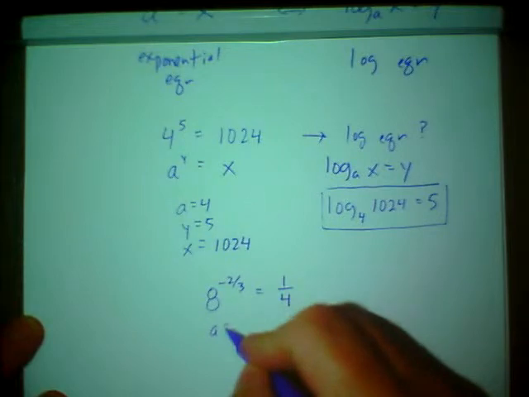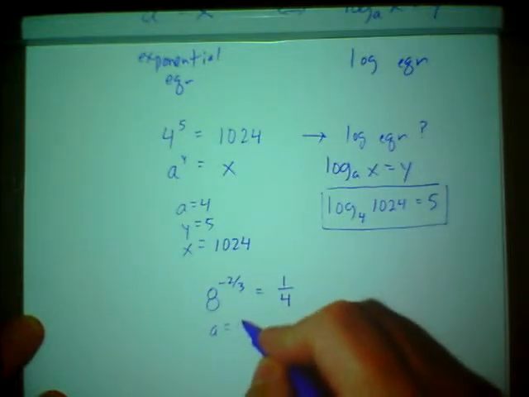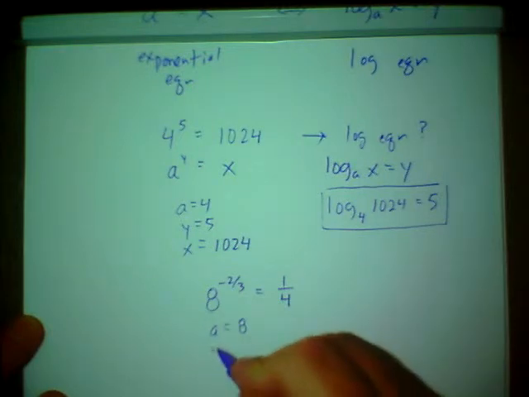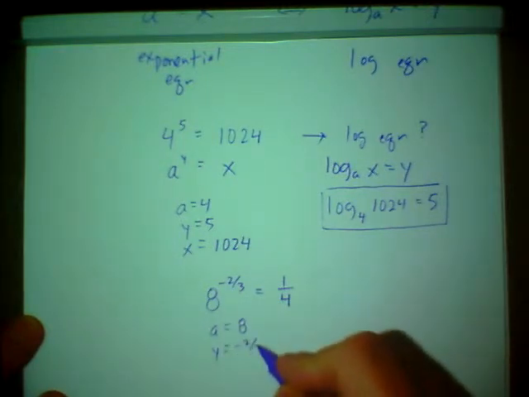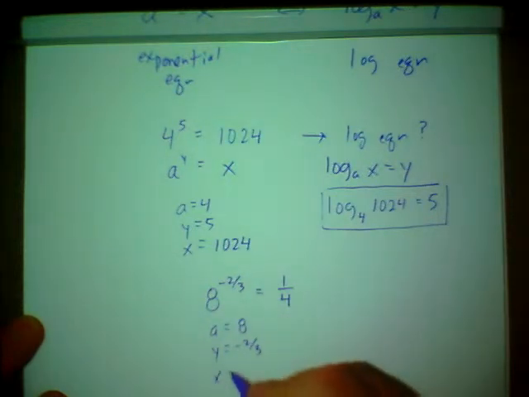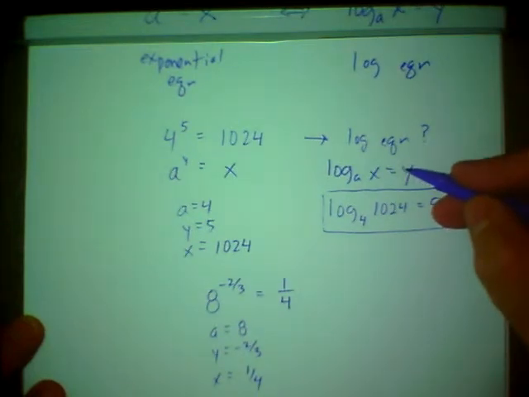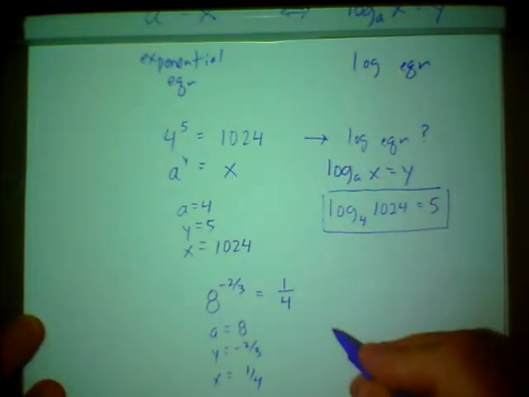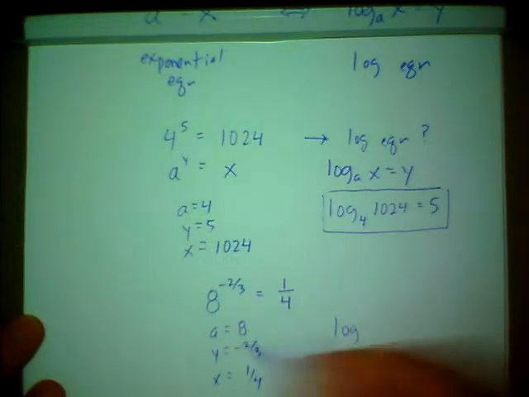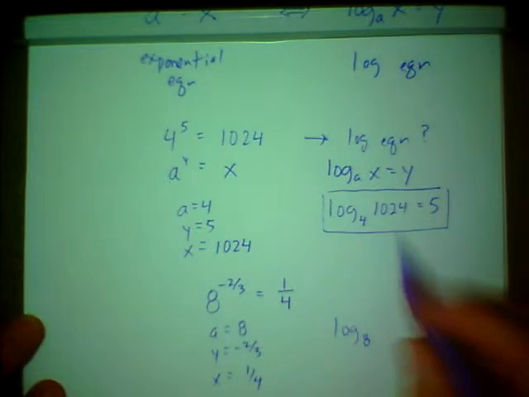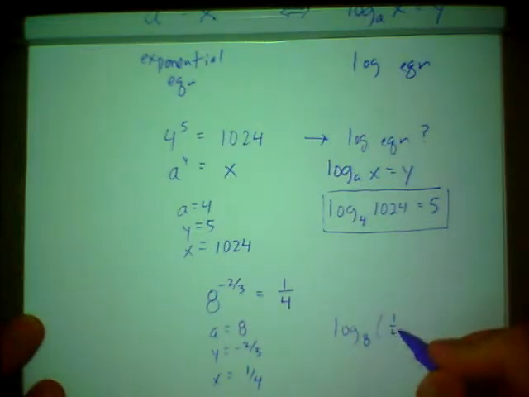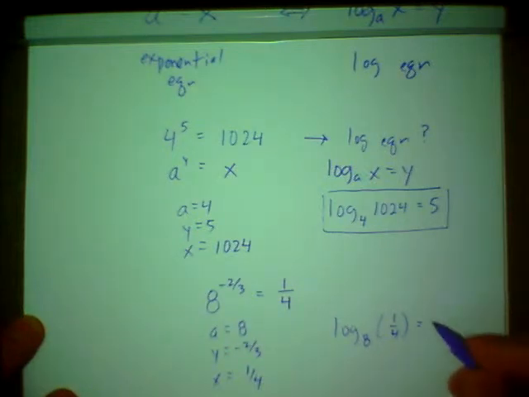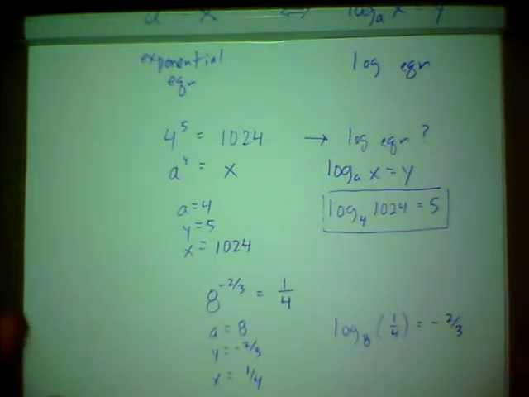My a, my base, is going to be 8. The y is the exponent, which is minus 2/3. And the x is the number on the right-hand side, 1/4. And now I plug in the a, the x, and the y into the log equation. And now I'll have log base 8 of 1/4 equals y, which is negative 2/3. Okay, so hopefully not too difficult.